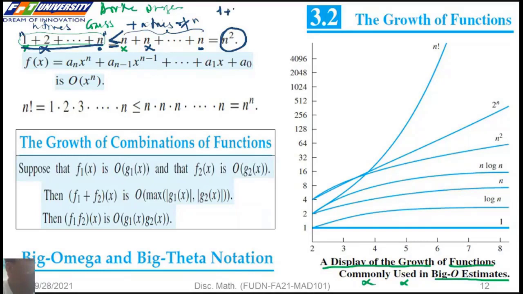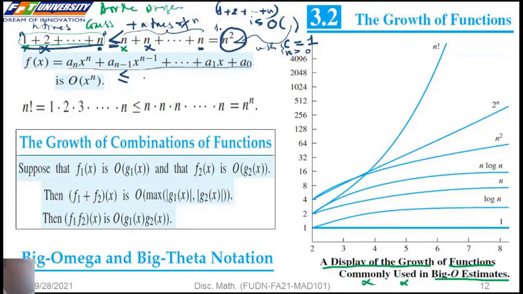We can say that 1, 2, 3, 2, n is big O of C1 for h greater than 0. This is a polynomial, so we can prove that this polynomial h of x is big O in n.